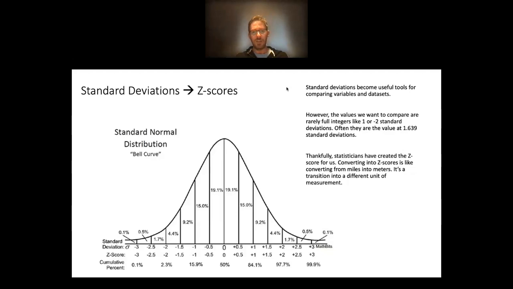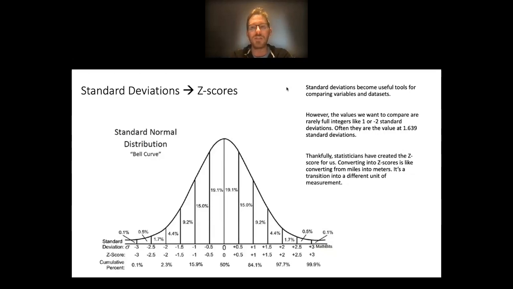And so where we can know that between 0 and 1 standard deviation of the mean is about 35% of the cases, it's hard to know how many cases are between the mean and 1.639 standard deviations. And so statisticians have created something for that.